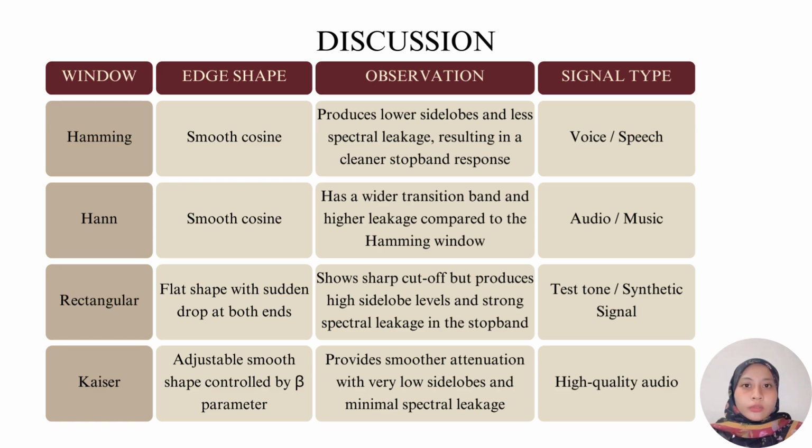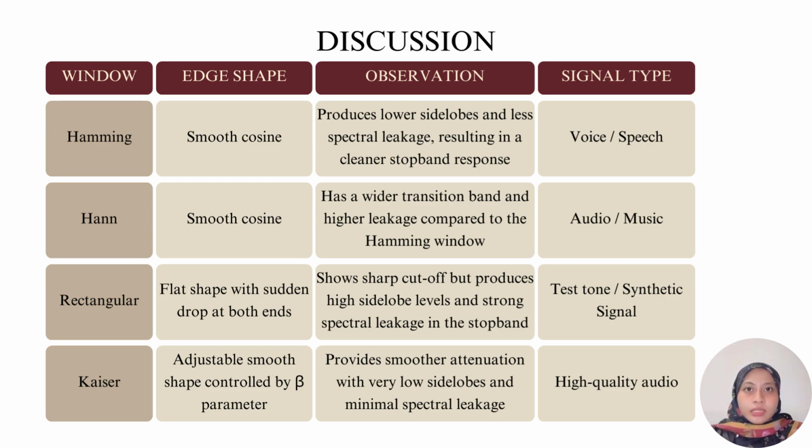It is suitable for voice and speech signals. Hann window also has a smooth cosine shape, but it has a wider transition band and higher leakage compared to the Hamming window. This makes it more suitable for audio and music applications.